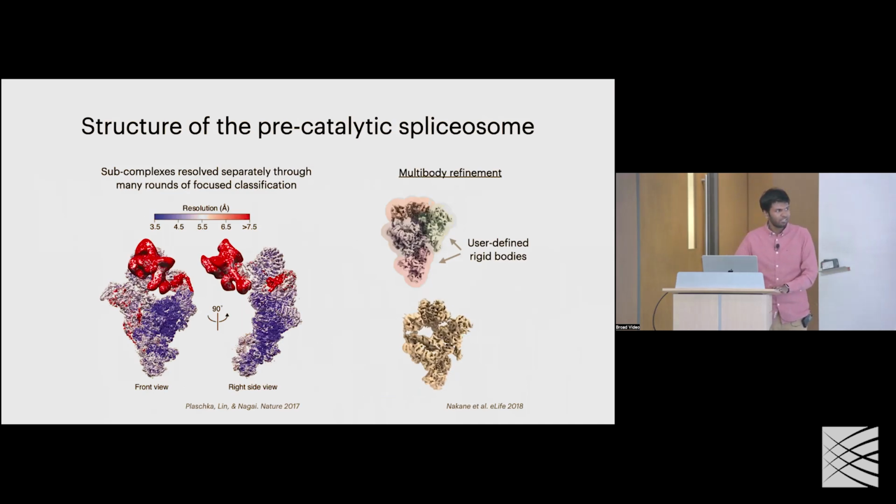One more example. This is a spliceosome. So the previous example showed how even for a case of discrete heterogeneity, these neural models are really expressive, but they're especially expressive when it comes to these more continuous forms of heterogeneity. Traditionally, what you do to process this is manually identify different domains, different moving parts, and reconstruct and refine each of those separately.